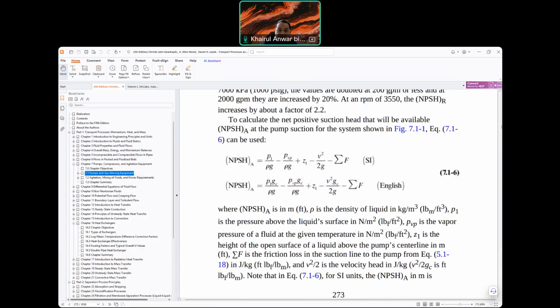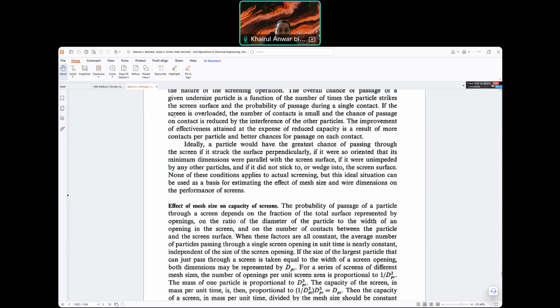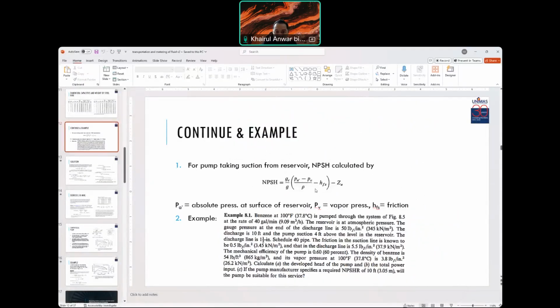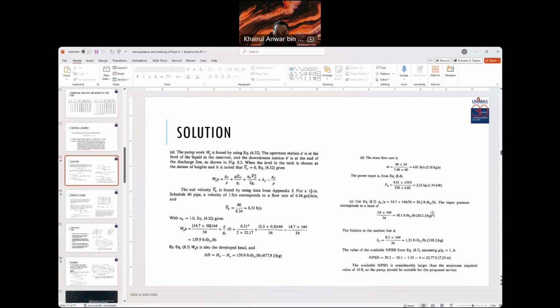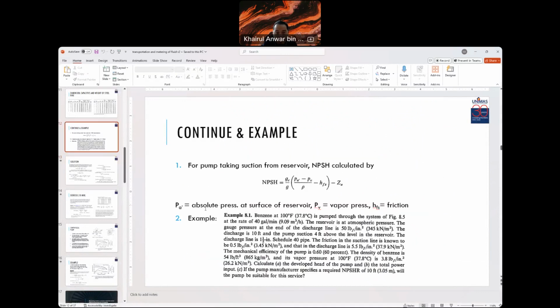If you refer to this book, McCabe, they are using English units. See, PA prime is the absolute pressure at the surface of the reservoir.